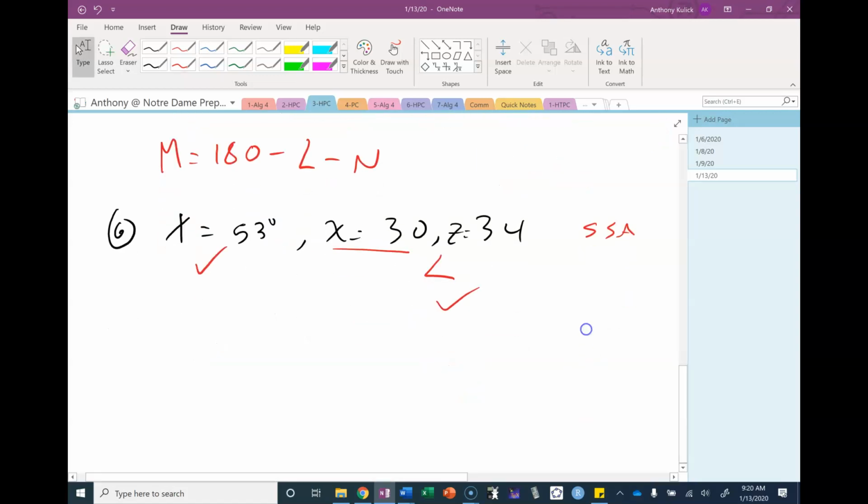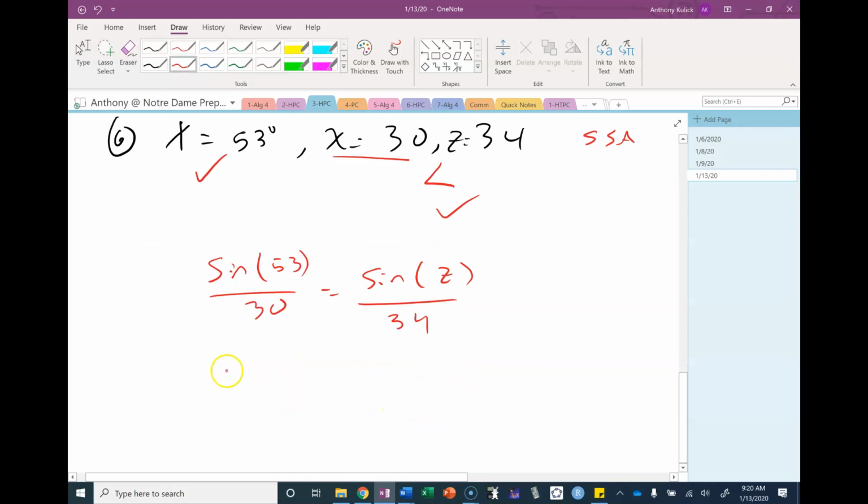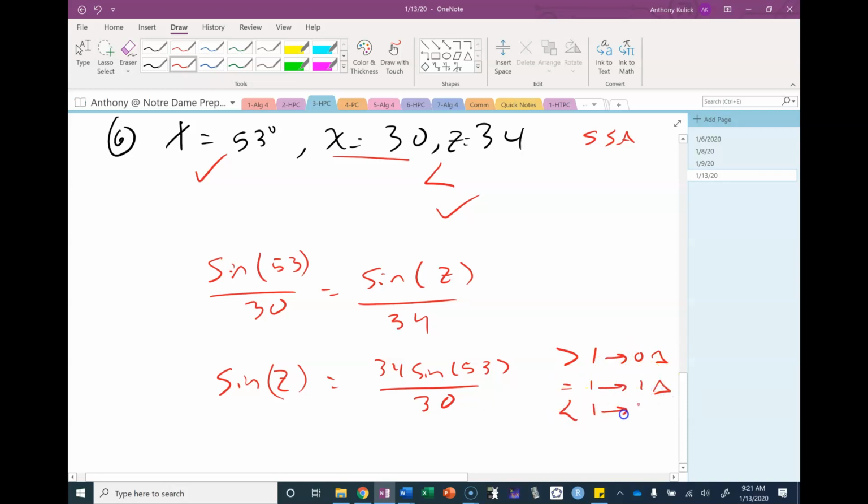To determine how many triangles I would have, I'm going to use the law of sines. And when I get angle Z by itself, if this value is greater than 1, I have no triangles. If it's equal to 1, I have exactly 1 triangle. And if it's less than 1, I have 2 triangles.